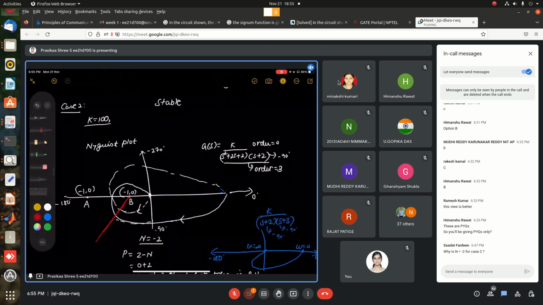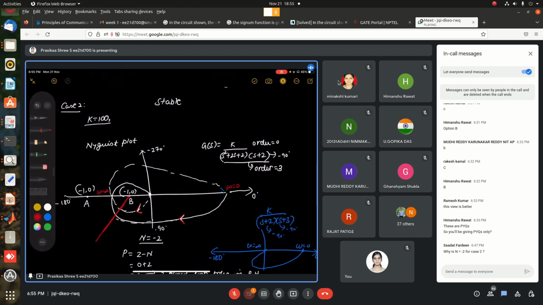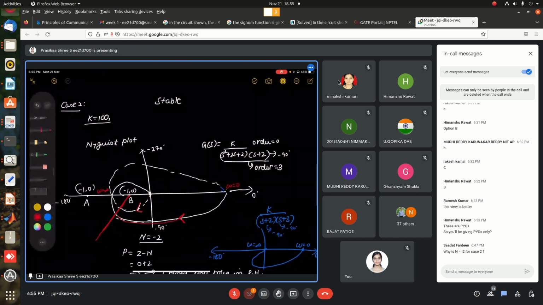Now the arrow marks: usually omega equal to 0 to omega equal to infinity is the direction of the arrow marks. So this arrow mark is going like this, similarly it goes like this and like this, and completes the plot.